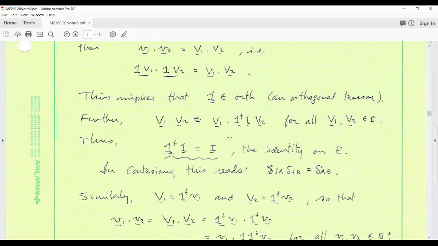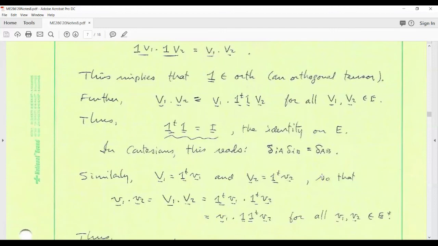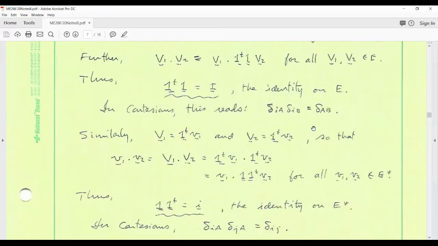And then you would conclude that this equation would boil down to this one. So in Cartesians, this equation we've just deduced reads: delta IA delta IB is the conventional Kronecker delta, capital A, capital B. So this is ones and zeros, the identity matrix. But because of the capital AB notation here we'll identify that as the referential identity, that's consistent with the fact that this identity holds for vectors in E, so 1 transpose 1 must be the identity on that vector space.